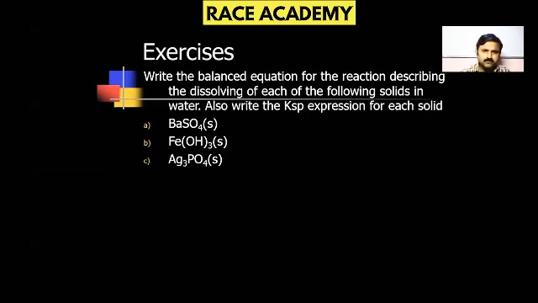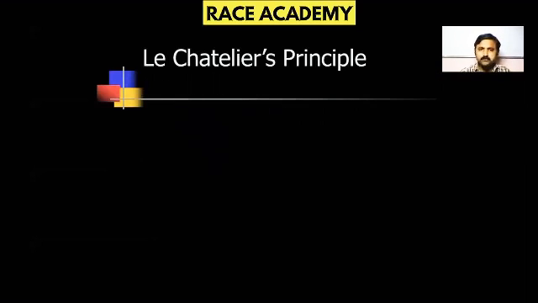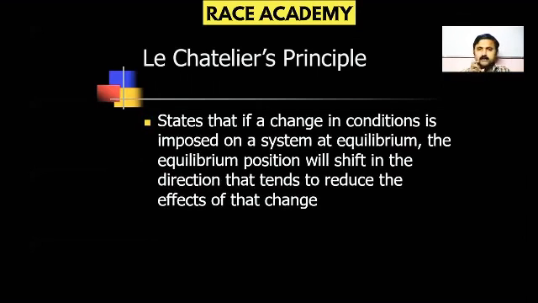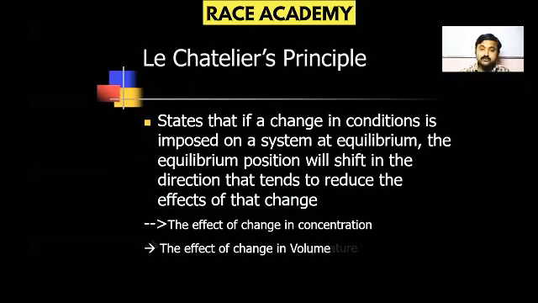Now let us see the next important thing, that is Le Chatelier's principle. Le Chatelier's principle states that if a change in condition is imposed on a system at equilibrium, then the equilibrium position will shift in the direction that tends to reduce the effect of that change. It could be the effect of change in concentration, volume, or temperature.